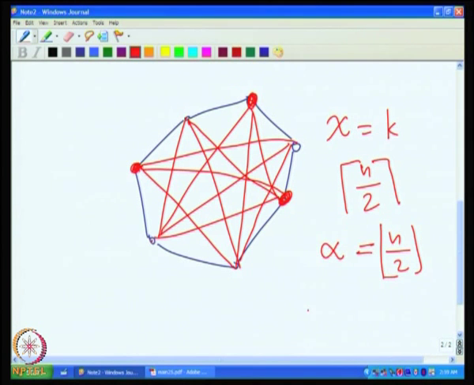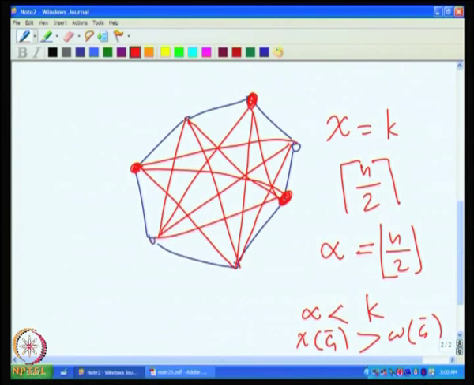So, alpha is strictly less than the clique cover number, that is, the chromatic number of the complement is strictly greater than the omega of the complement. So, these 2 graphs are the typical non-perfect graphs. They are the obvious examples of non-perfect graphs.